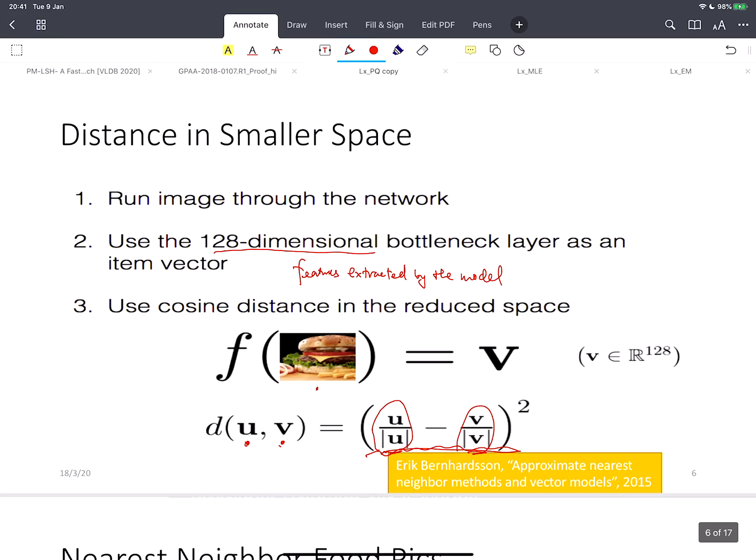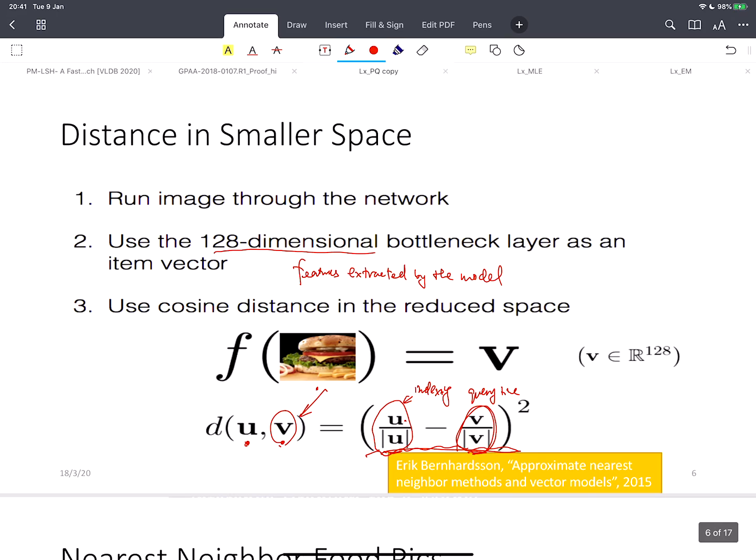And then whenever you're given a query image, you can go through and find an object such that the normalized vector is close. The normalization can be done at the query time, and this can be done in the indexing time.